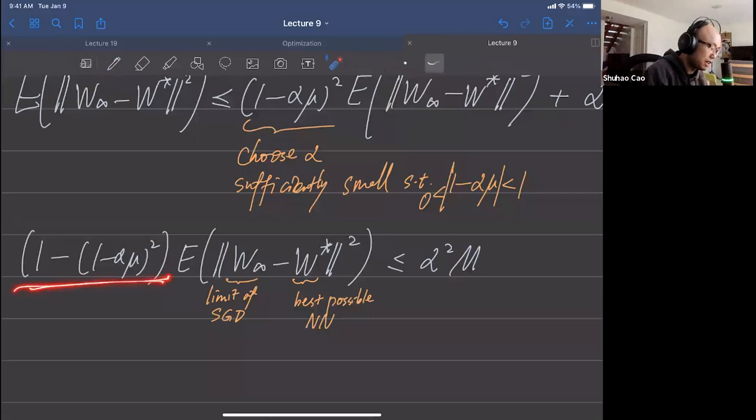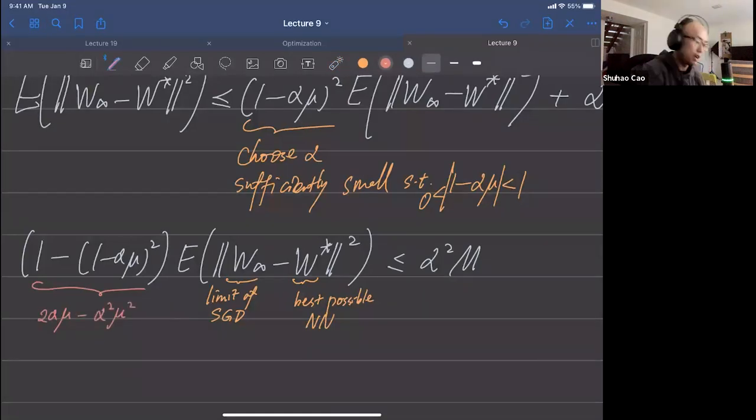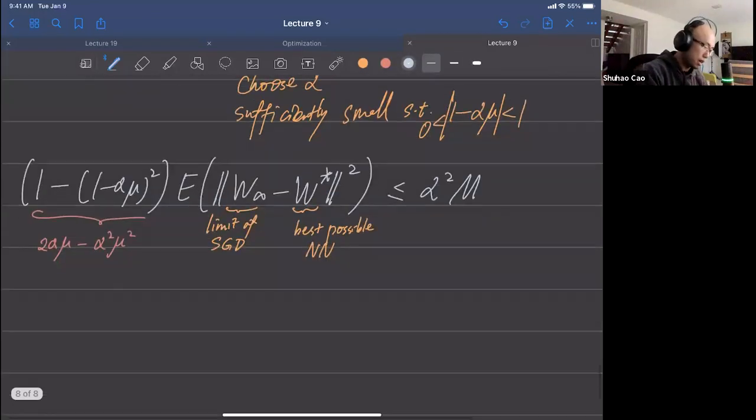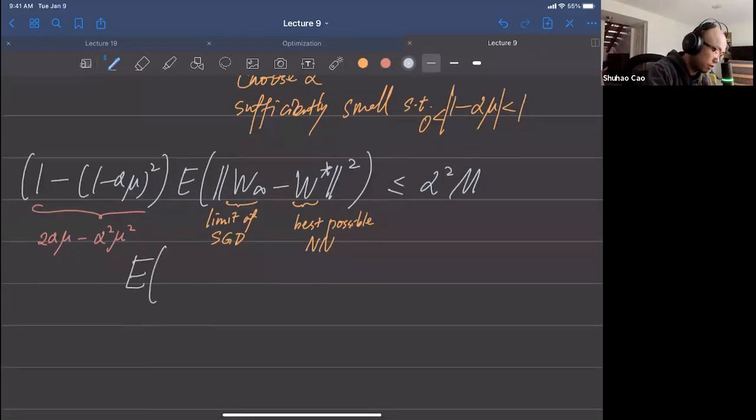So we simplify this. This is going to be 2 alpha mu minus, so this one is going to cancel, and we're going to have 2 alpha mu minus alpha square mu square. And if we divide this to the right, we have the convergence.